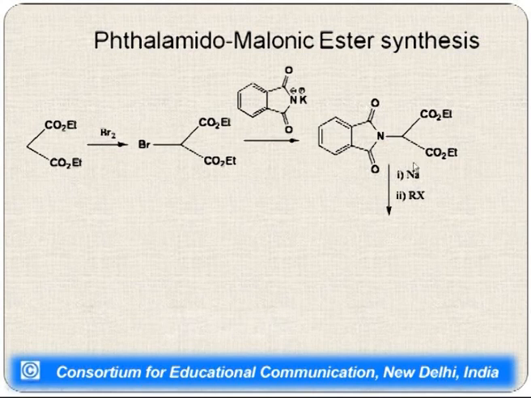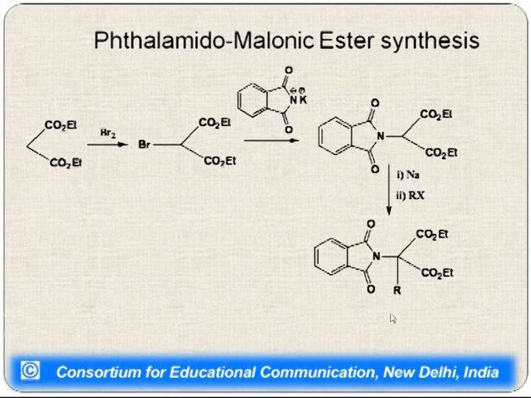If I take sodium ethoxide, there may be a problem with the phthalimide ring or something like that. So, the literature reports that sodium is taken here and alkyl halide is taken here. So, sodium gets the hydrogen from here and the alkyl halide gives you the R here, and then by the usual hydrolysis of these esters and this phthalimide, you get the required alpha amino acid.